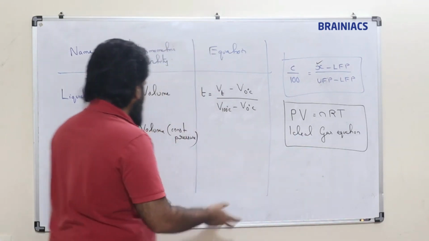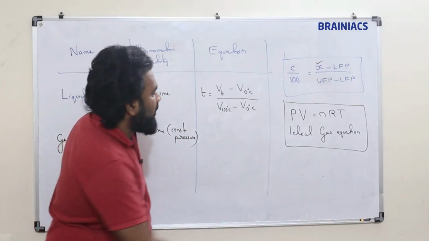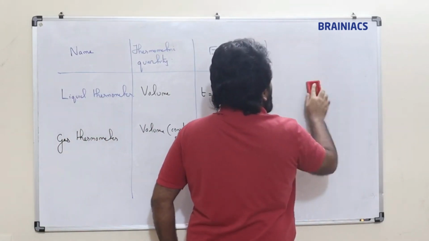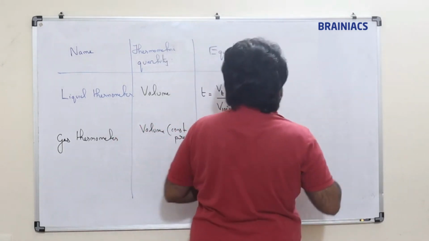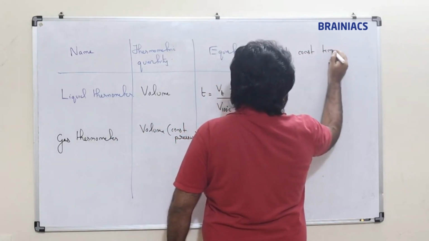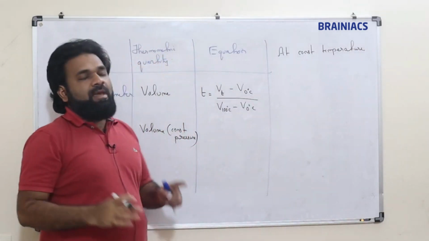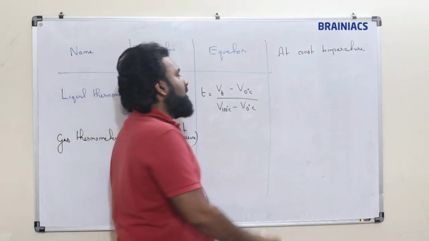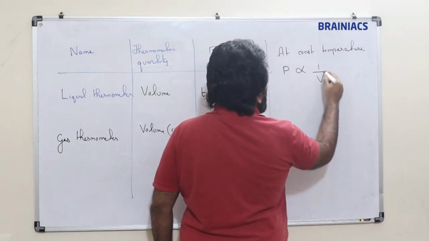Okay, so before coming into this, I shall explain how to deal with that also. So say for example, at a constant temperature, if we maintain the temperature of a gas constant, then P is inversely proportional to volume.